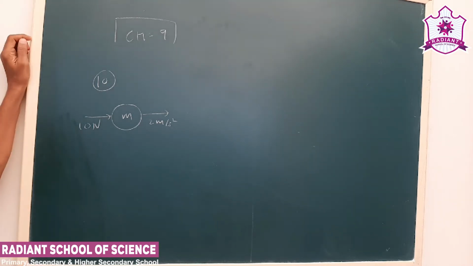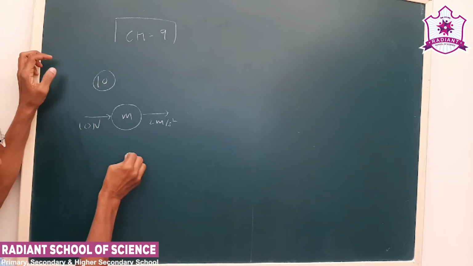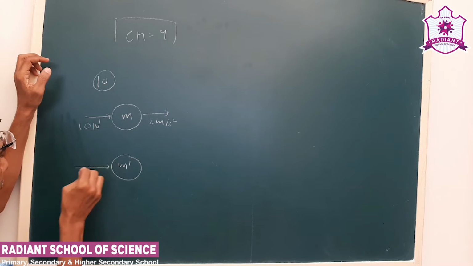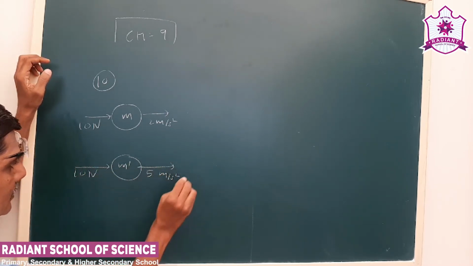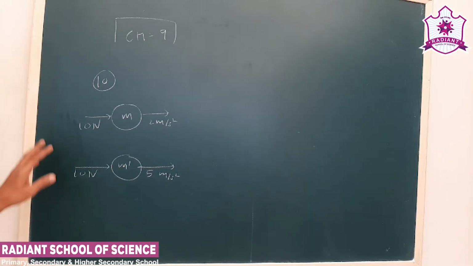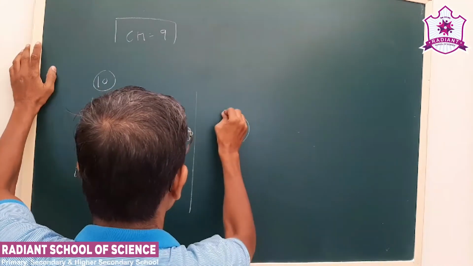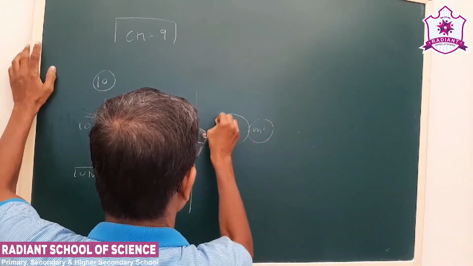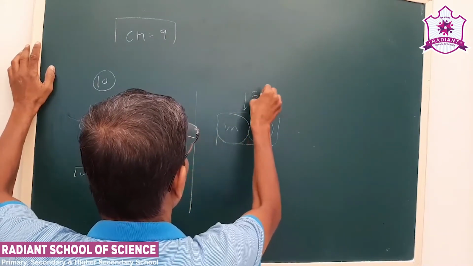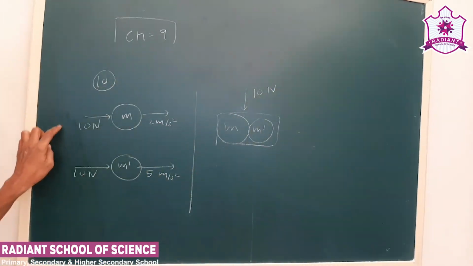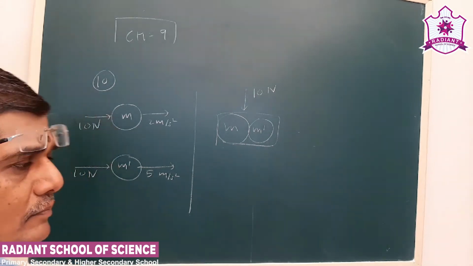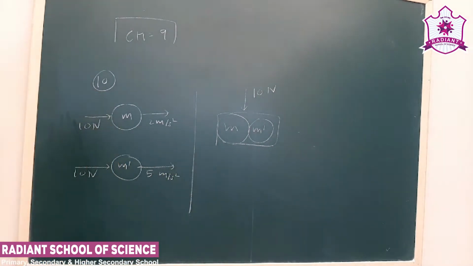Now see, the same force applied on another object produces an acceleration of 5 meter per second square. Now the question says that if both masses are tied together and a force of the same magnitude is applied on the combined mass, that we call a system, what is the acceleration produced?